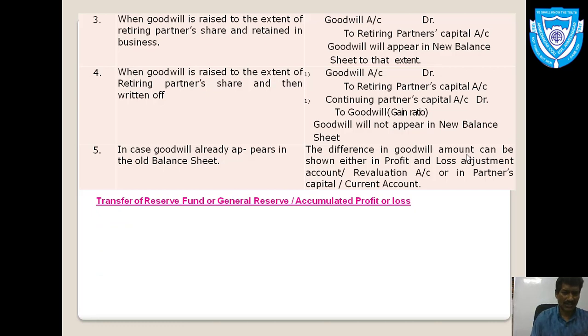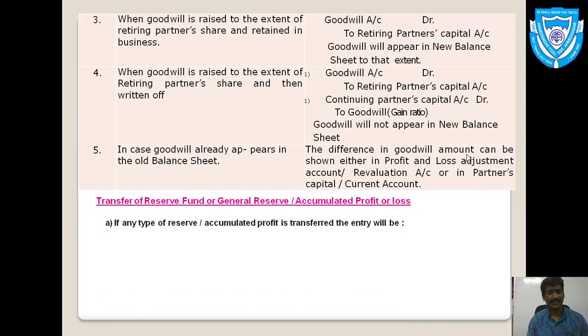Friends, the transfer of reserve fund or general reserve or accumulated profit or loss. In this case, we have to see how the accumulated profit or various reserves are transferred to partners' capital accounts. For that purpose, again, we have to see some journal entries.